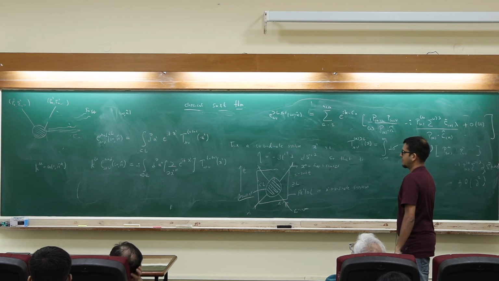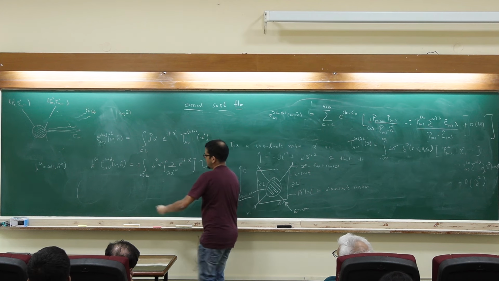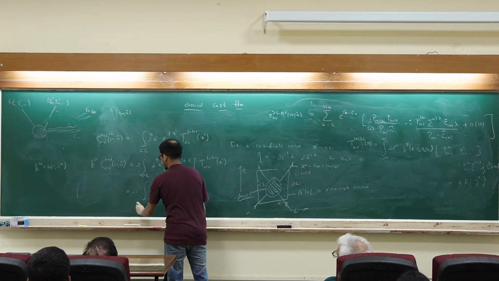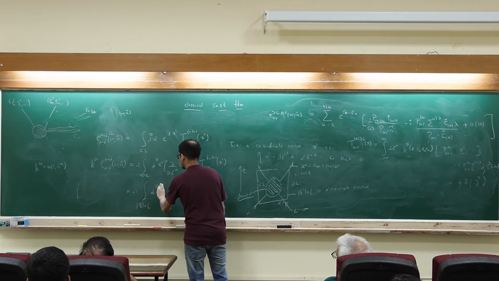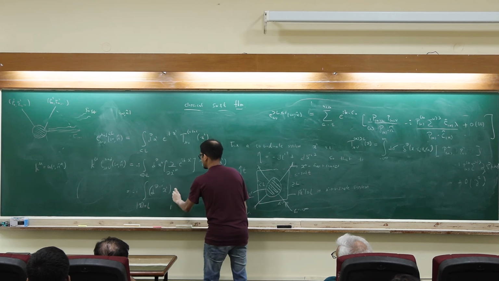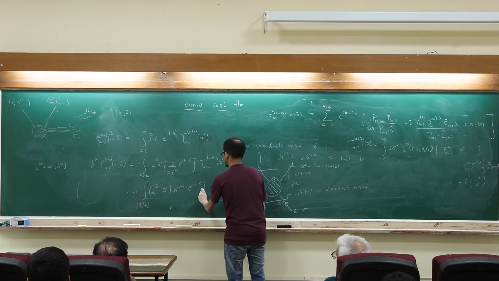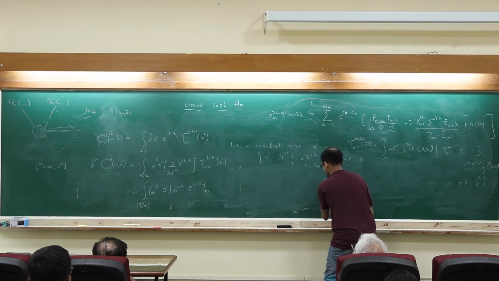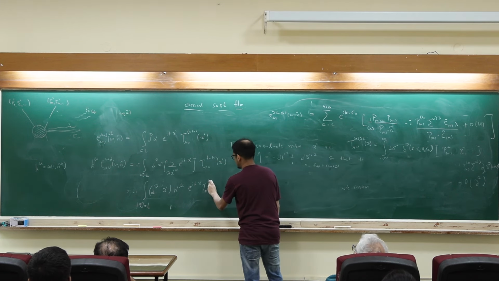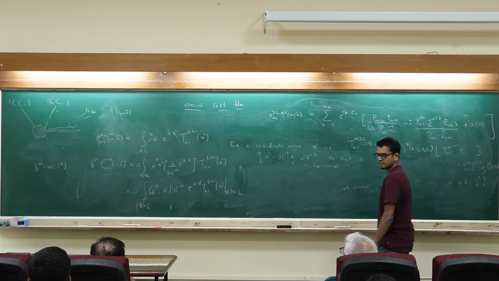Now why is this useful? This is useful because this is locally conserved by the Bianchi identity, which means this thing simply becomes a boundary term.